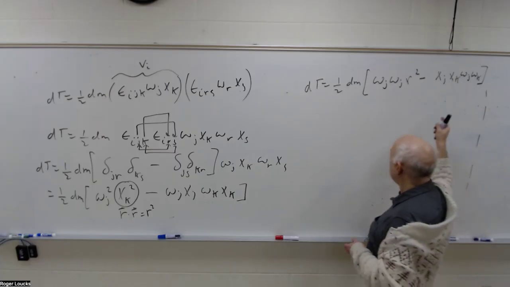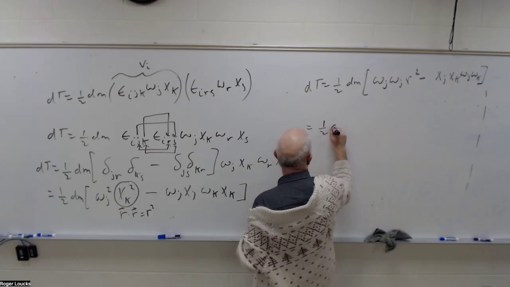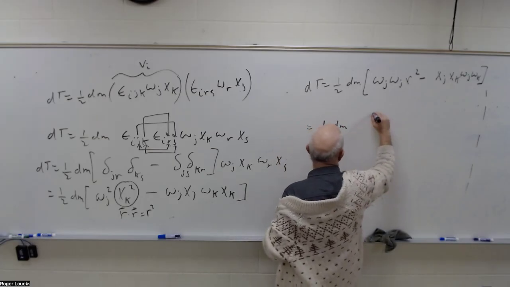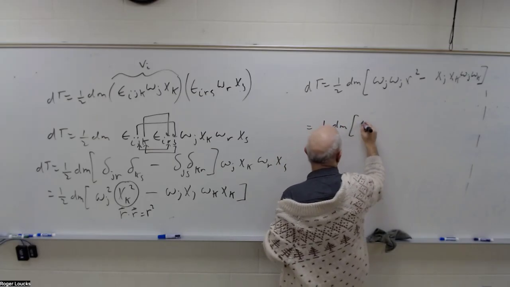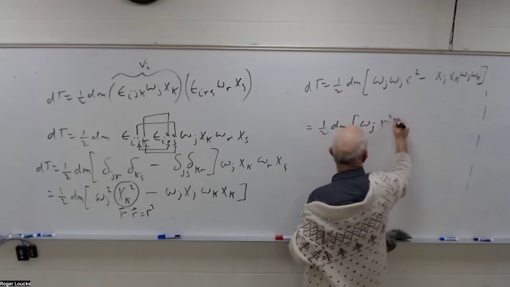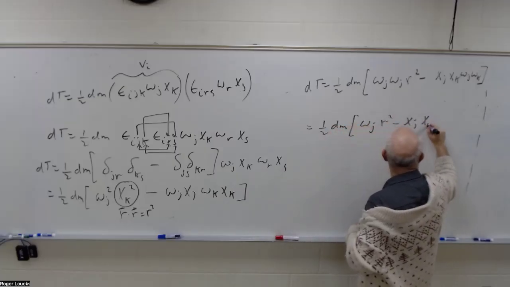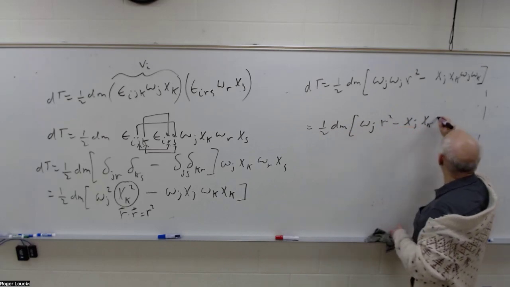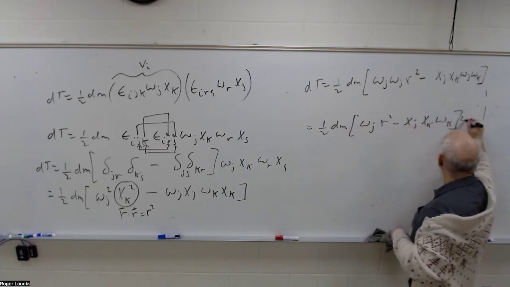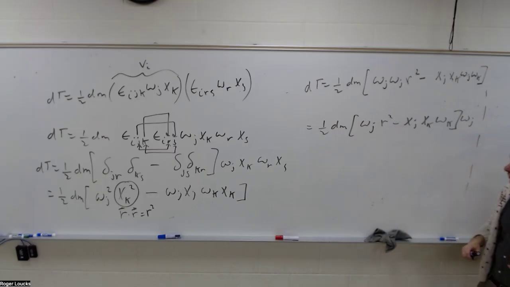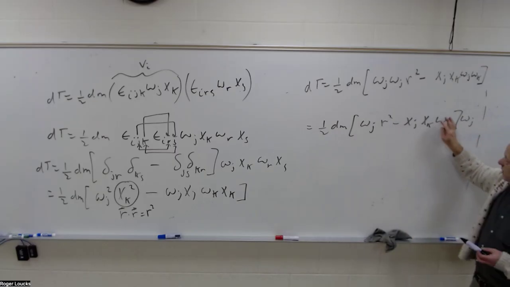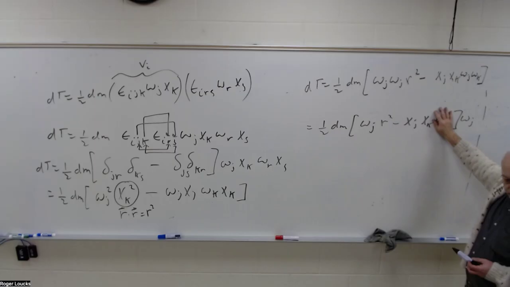Now I'm going to pull out an omega j on the side here. I'm going to put omega j there.